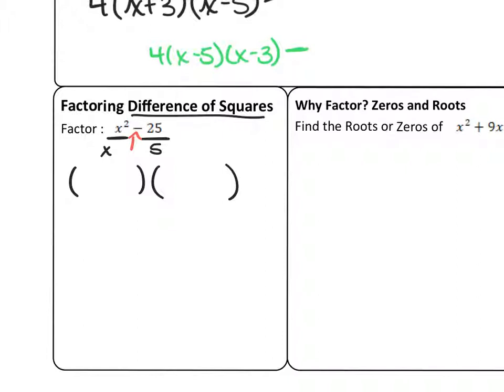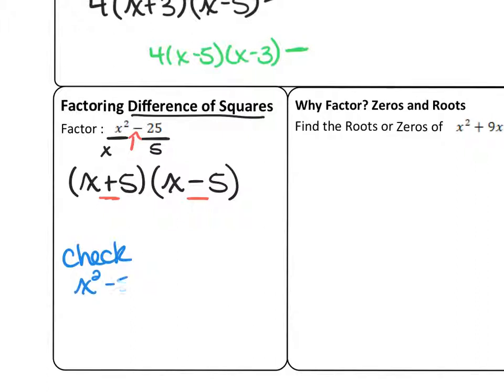What you're going to do is just put them in the brackets, x plus 5, and the other one is x minus 5. So they actually look the same. The only difference is that one has a plus sign and one has a minus sign. If you check it, when you multiply it, x times x is x squared, you get minus 5x plus 5x and minus 25.